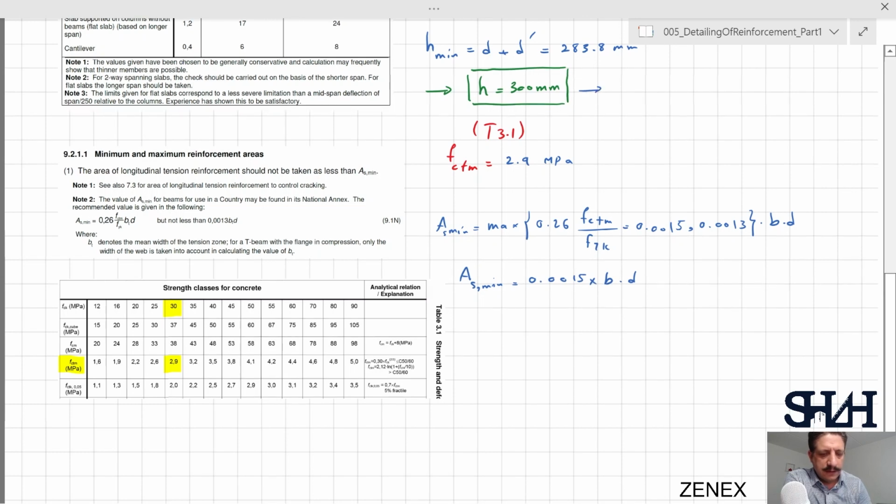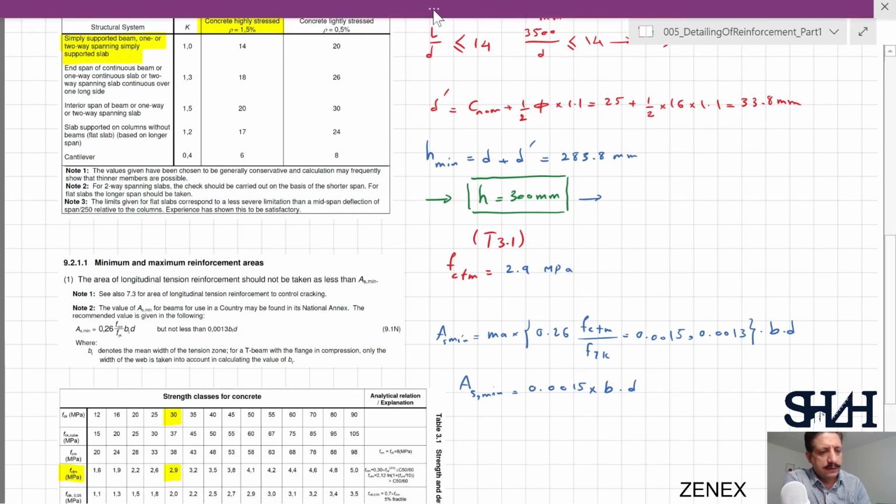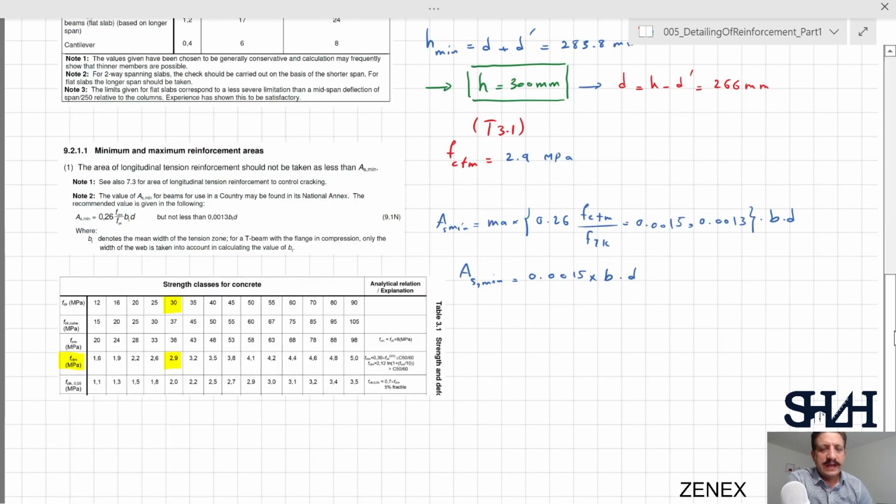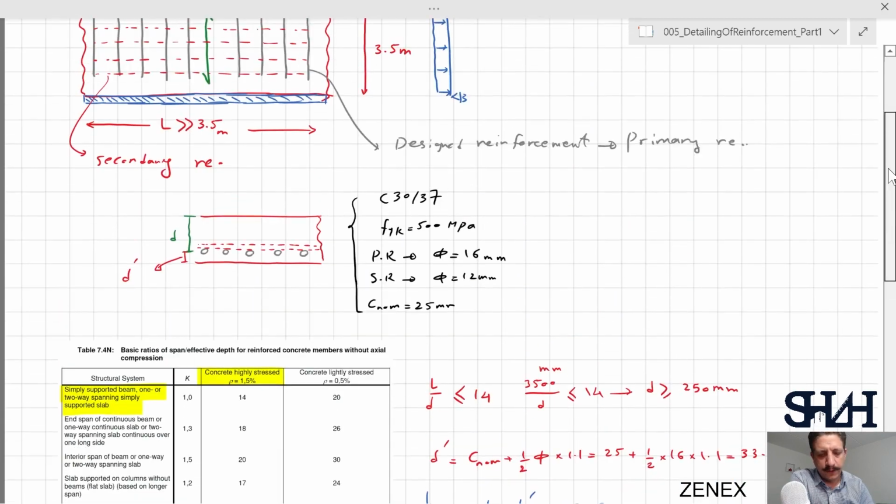From this H calculation earlier that we adjusted to be 300, we can calculate D, which is H minus D prime. So 300 minus 34, almost 266 millimeter. For the slabs, usually you do not have the width, and you design the slab reinforcement for 1 meter width.